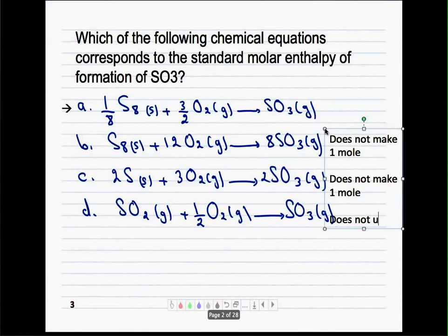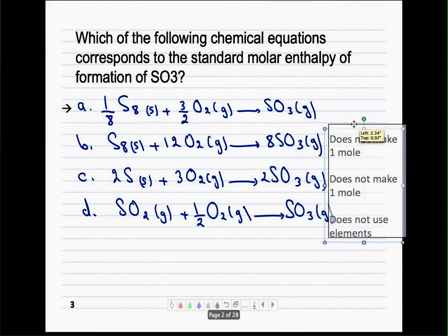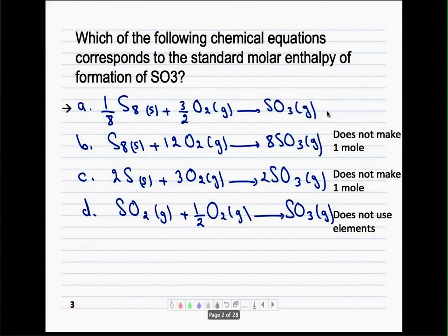And then you break it up into its elements, which is S8. Actually, sulfur is special, so it's S8, and then O2 is the regular one.